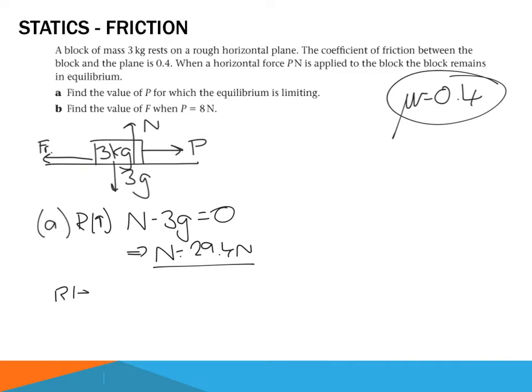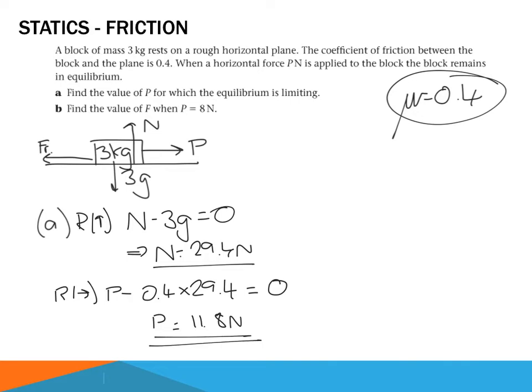So resolving to the right, we'll have P minus mu N, so 0.4 lots of 29.4, and because it's static, that's going to be equal to 0. So that gives me a P value of 11.8 newtons, correct to 3 significant figures.